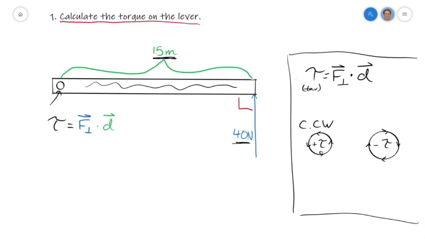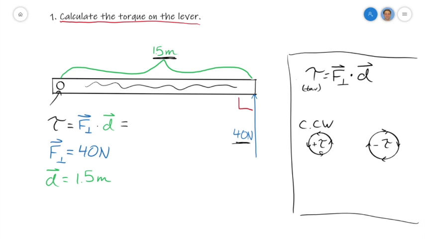Now, our perpendicular force in this case, that's what the little subscript means, perpendicular, is equal to 40 newtons. The position vector, or the distance it is from the pivot point, is 1.5 meters.